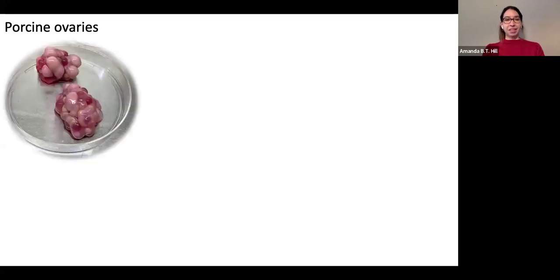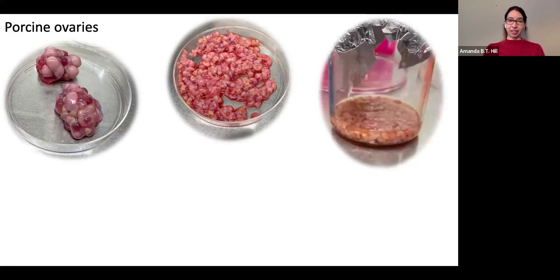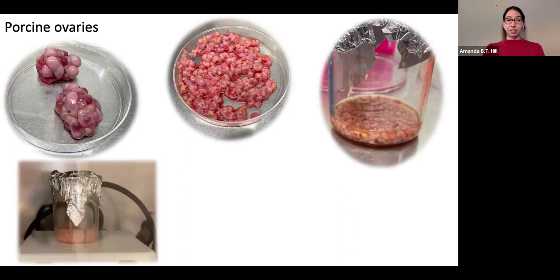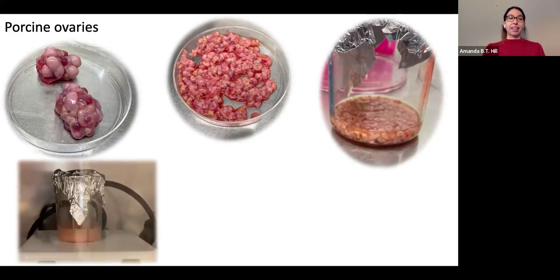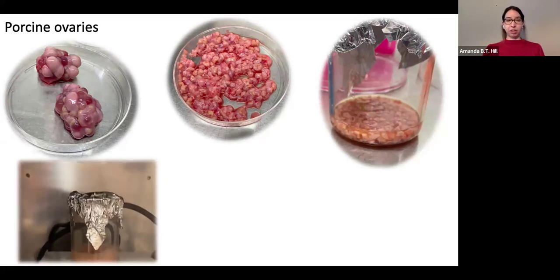So here we can see a porcine ovarian tissue, which was minced just like I showed for the dog ovary. However, the incubation with collagenase was also made at 37 degrees, but it was made with a magnetic stir at 1,000 RPM in the incubator, also at 37 degrees.